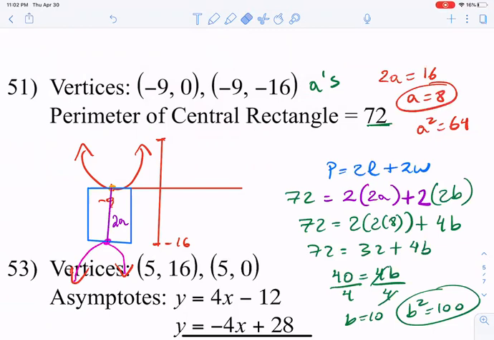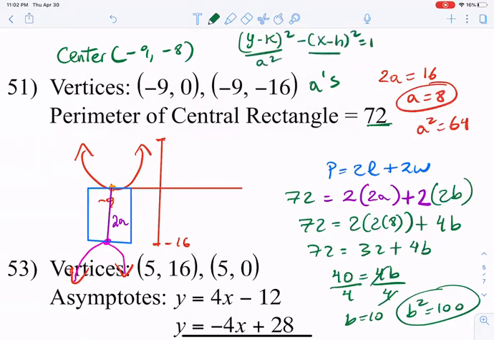So let's find the center here. The center is the midpoint. What's fixed is -9, and what's changing is from 0 to -16, right? So what's the midpoint between those numbers? -8, right? So the formula, vertical: y minus k squared over a squared minus x minus h squared over b squared equals 1.